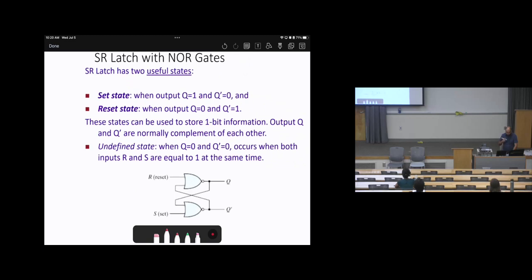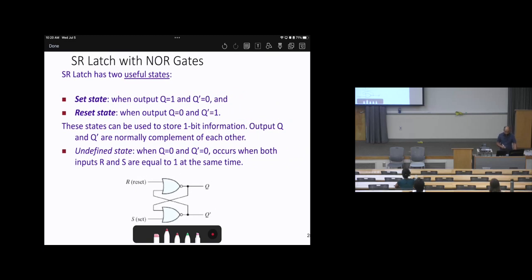Now again, let's go into more detail about the SR latch with NOR gates. When there is a set state, we will store 1. Reset, we will store 0. In the set state, S equals 1, R equals 0. Here S equals 0, R equals 1.